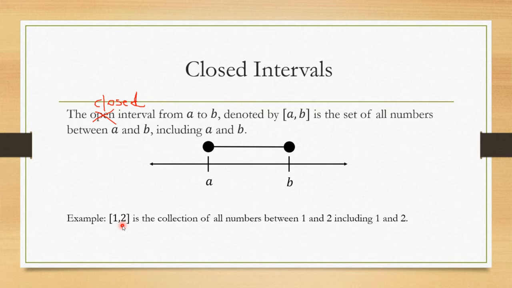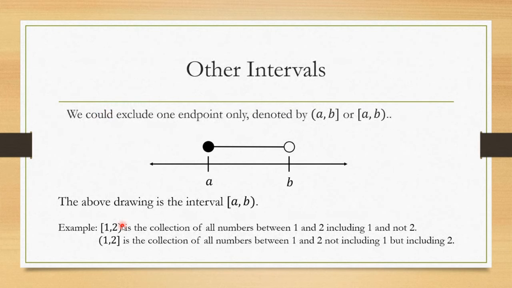So we have open intervals, closed intervals, and we can consider what's in between, namely half-open intervals. The idea is, the parentheses tell you you leave the endpoint out. So in this interval, we would leave out A. A is not included.